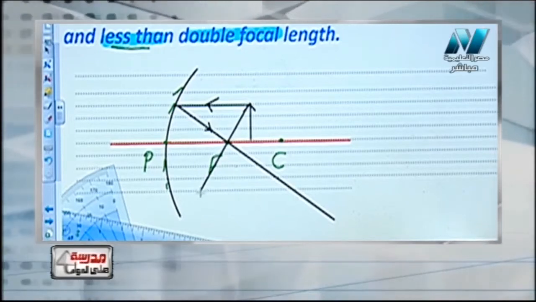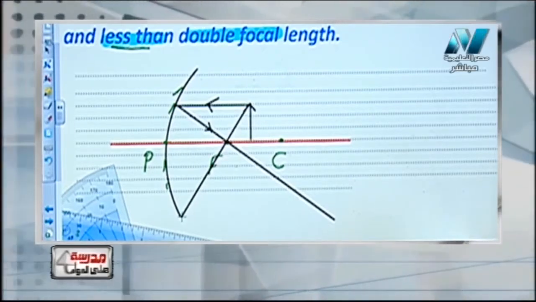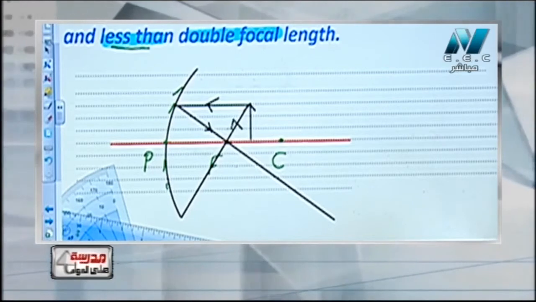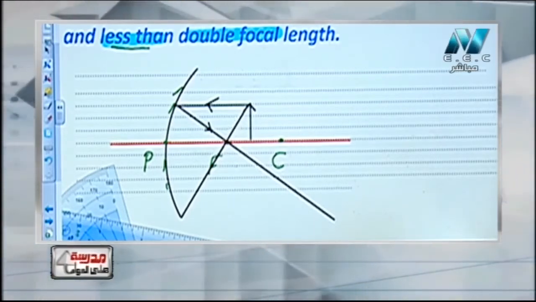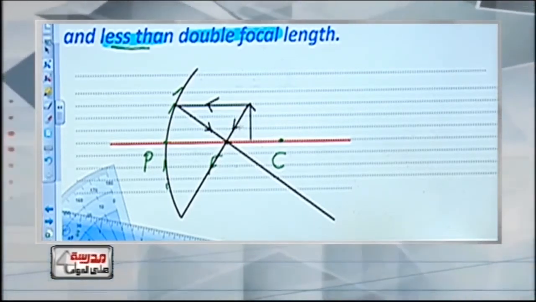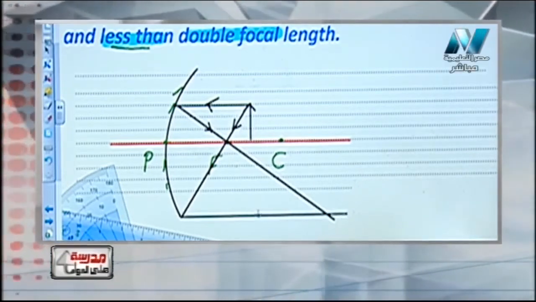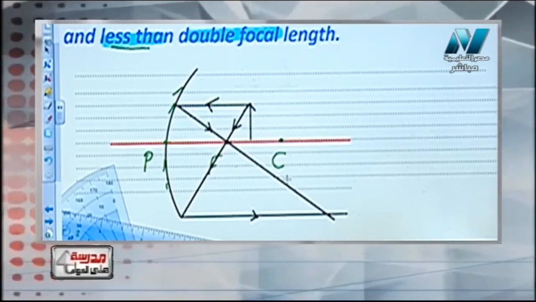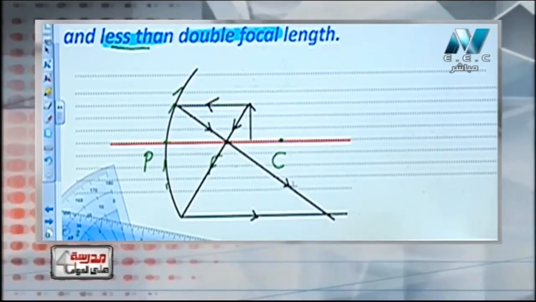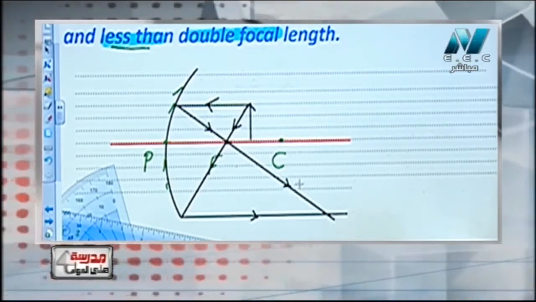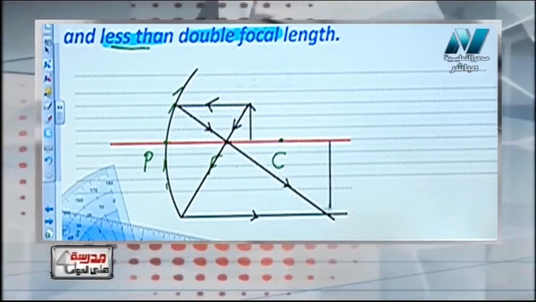In this case, the light ray will reflect parallel to the principal axis. Don't forget to draw the direction of the light ray. At the point of intersection of the reflected light rays, we have the image. So the image is here now.